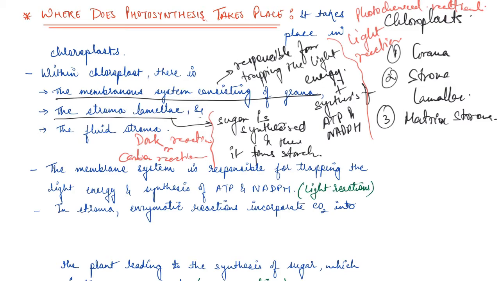The next one, which is happening in the stroma, is known as dark reaction because there is no direct involvement of light, but it is dependent on the products of light reaction. You will have to remember, guys, that the ATP and NADPH produced during the light reactions are utilized during the dark reactions. So they are not directly light dependent, but indirectly they are dependent on the products of light reaction.